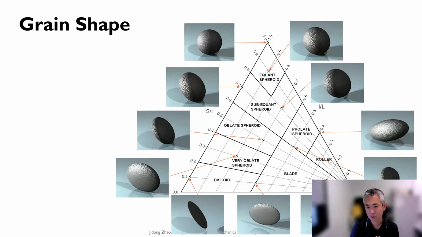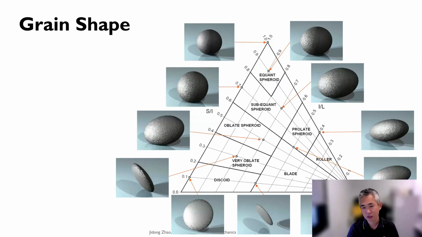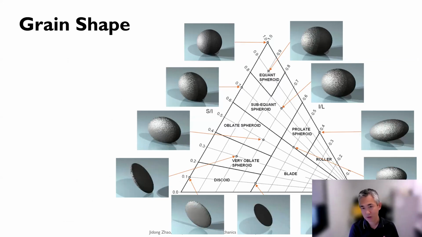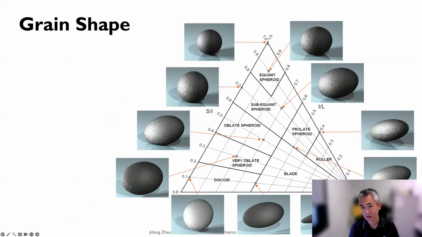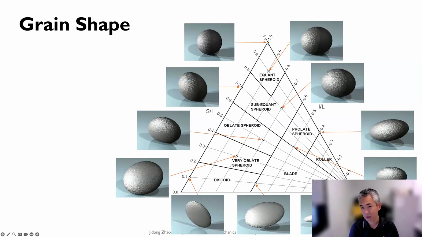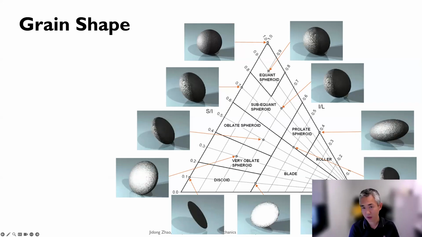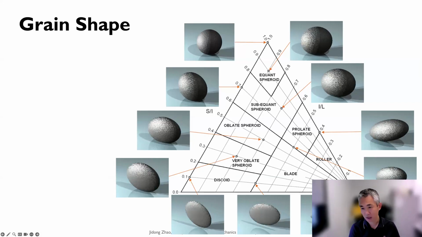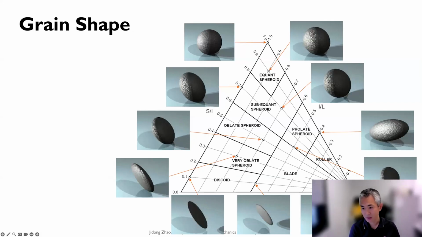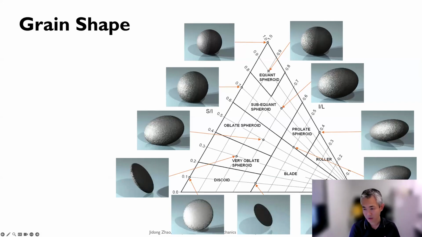And here, this is what I generated according to the different ratios of I over L. On the top, you can see a perfect sphere, so both ratios are 1. We get a sphere here. If you move down, you can apparently see the shape change significantly.